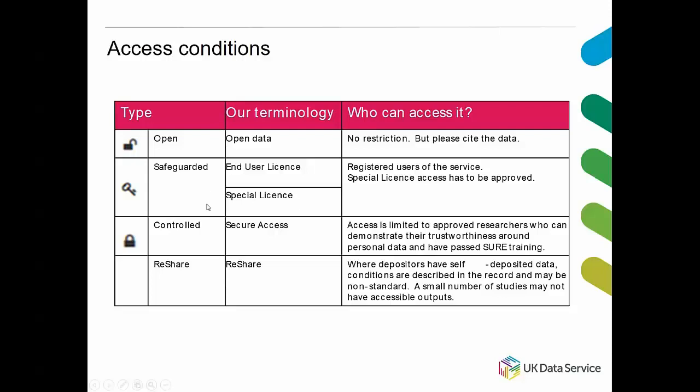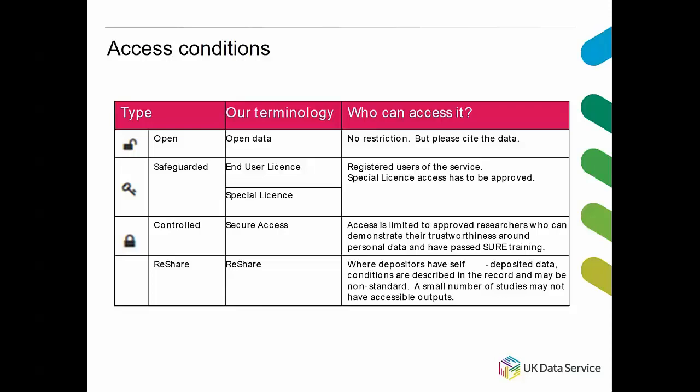The special license conditions will require just one more step of your research to be approved before you can download the data set. Next, we have controlled type of data, and this one is deposited under the secure access conditions. This typically indicates that data are more sensitive, such as more sensitive variables, or it has more specific information on the geography. And usually, researchers need to demonstrate their trustworthiness and experience with secure type of data before they can download the data.